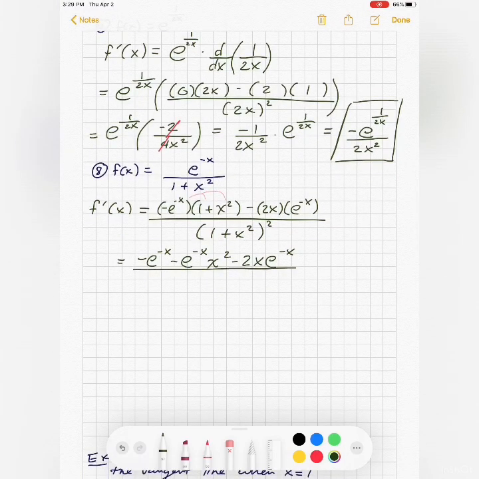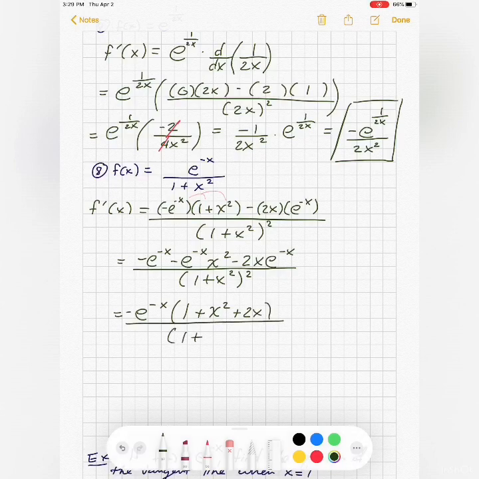Let's write down my denominator. I guess I can take that GCF of e to the negative x out. Maybe even a negative e to the negative x. So what I have, a 1 plus an x squared plus a 2x. Let's double check that.